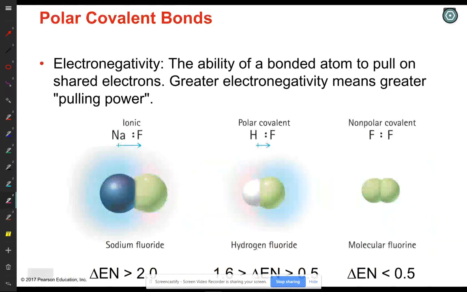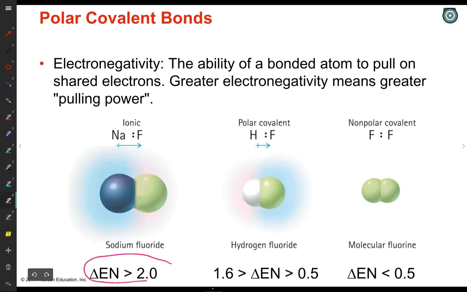So here are the rules for that determination. If the difference in electronegativity is bigger than 2, then it's going to be ionic. If the difference is between 1.6 and a half, then it's going to be what we call polar covalent.